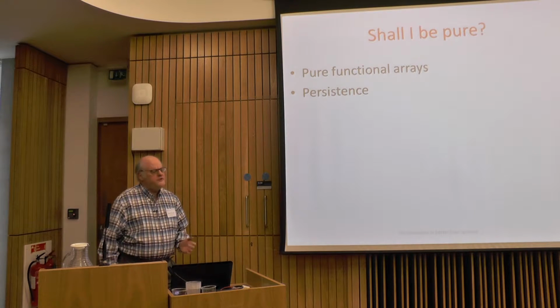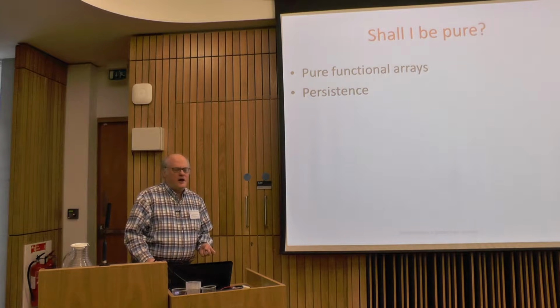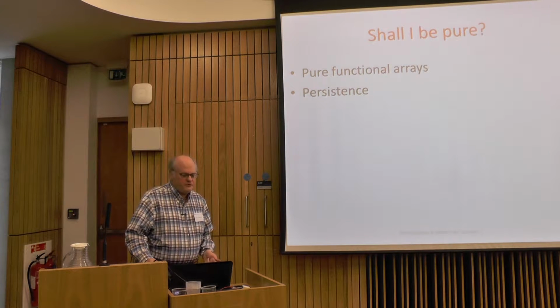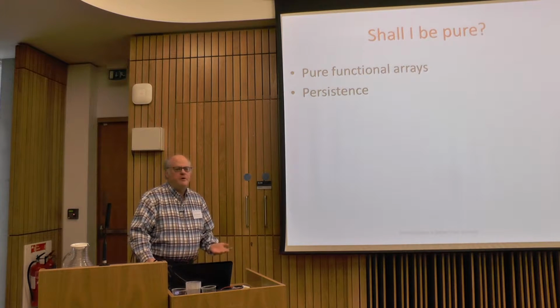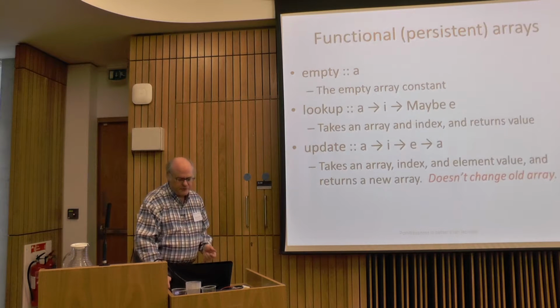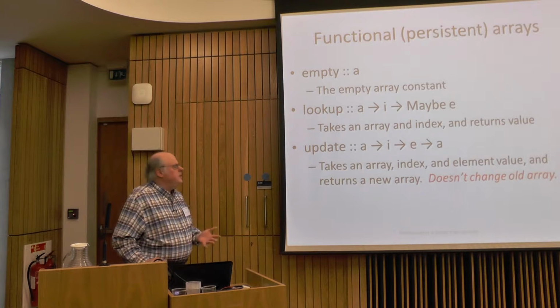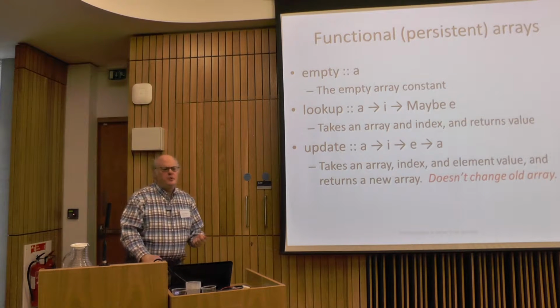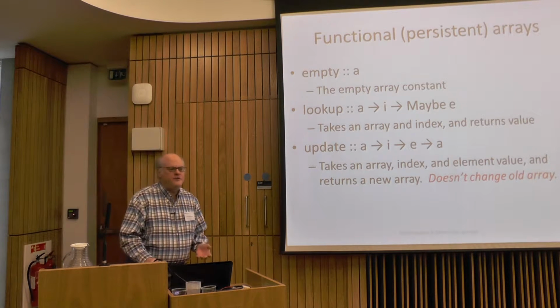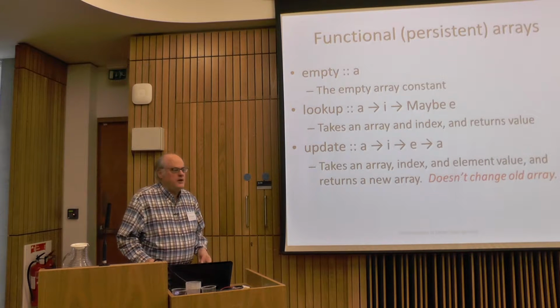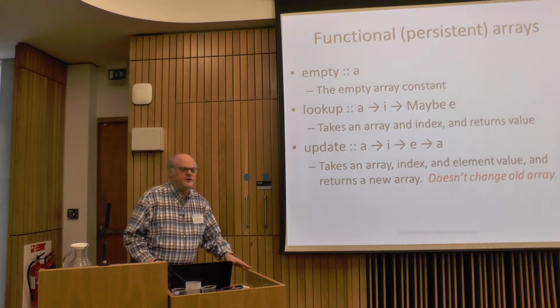And I'm going to talk about data structures, and in particular, pure functional arrays, or perhaps a better name is persistent arrays. And what I mean by the data structure is this API. So we have a constant empty, which is an array with no elements, and empty always exists.